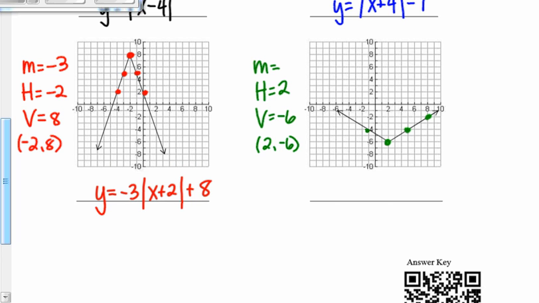Is that the right slope? I think so. I'm looking for those pretty points. So it's positive because it's opening upwards, and I think we're going up 2 over 3. So that slope would be 2/3. So y equals m, which is 2/3, times the absolute value of x minus 2, switching the sign, minus 6. And that's your homework for Target 6 through 8.